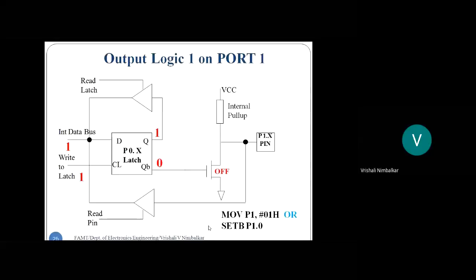This logic 0 to the NMOS turns the NMOS off. Off means open circuit. At the downside, the MOSFET goes off because of this logic 0, so there is no current which is going to flow through this.